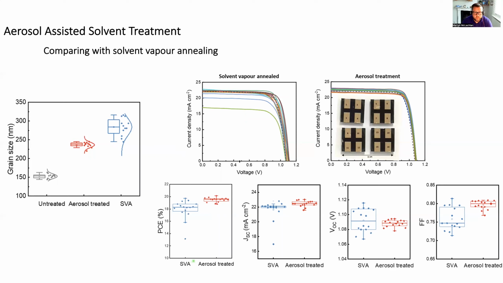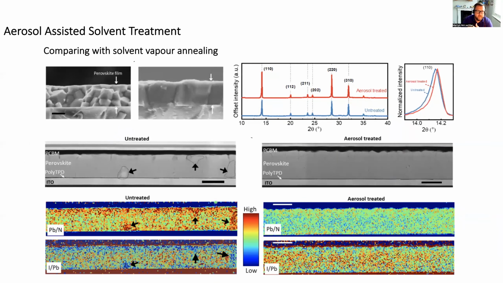And again, we can see when we look at the device performance metrics that not only do the aerosol treated cells typically outperform the solvent annealed cells, but we have this much tighter distribution, much greater reproducibility that's brought about by the aerosol treatment. One of the reasons for this, in addition to the increase in crystallinity, is the reduction in structural defects.